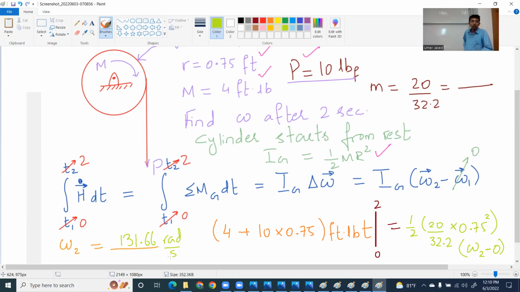What was the relation between alpha and omega in terms of time? So, constant angular acceleration. You remember that Vf equals Vi plus At, those formulas that we studied. Just replace the V with the omega. Remember, constant acceleration, constant alpha: omega f equals omega i plus alpha delta t.